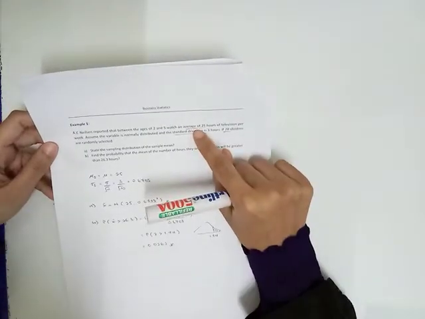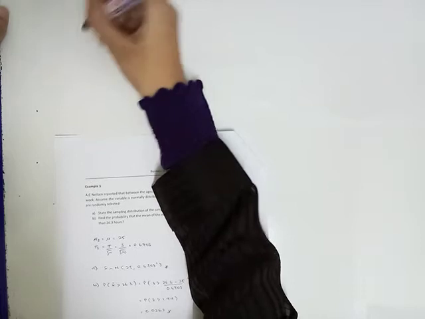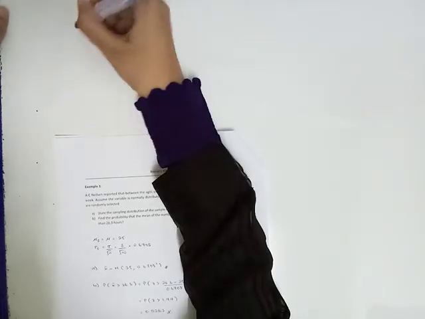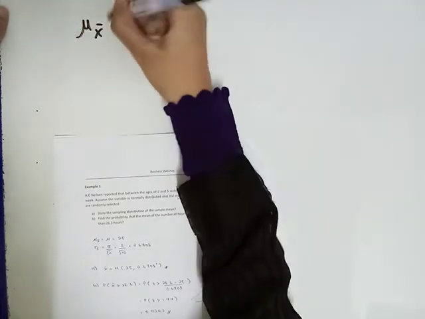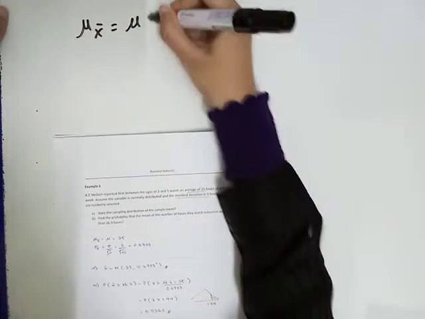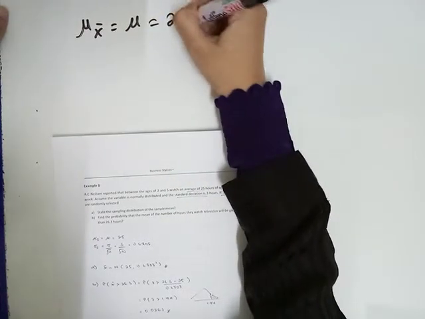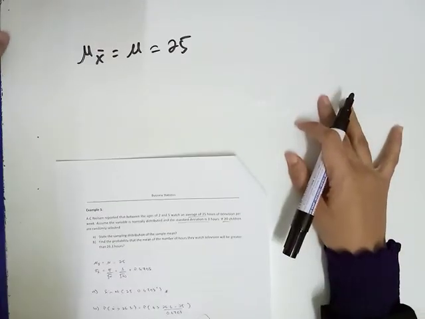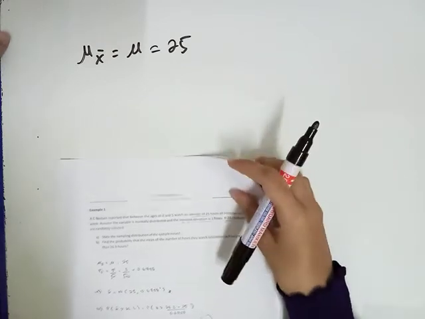So dia bagi average. Average tu that mean, maksudnya mean of the population. So we know that mean of the population is equal to mean of the sample, which is 25. And then bagi tahu kat situ standard deviation.